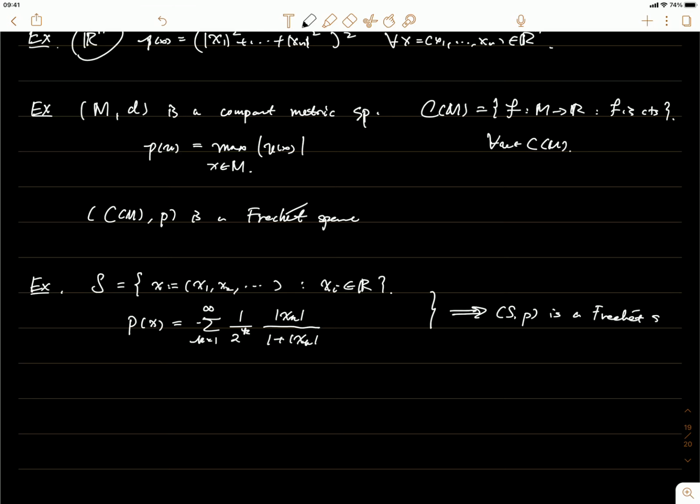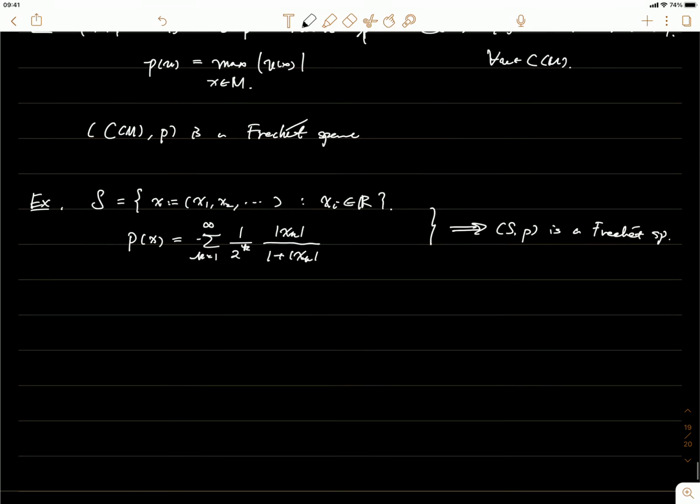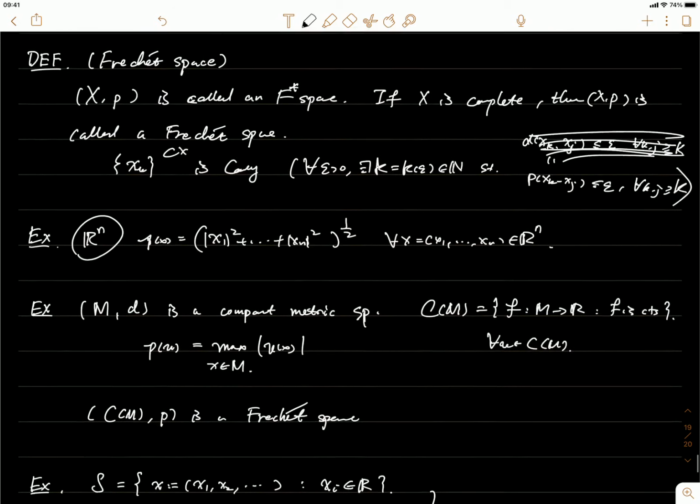Okay, so how do we show this? Remember that if we want to show it's a Fréchet space, we want to see that S is a linear space, which we have just said it indeed is. Then we want to show that this P satisfies all these 5 properties.